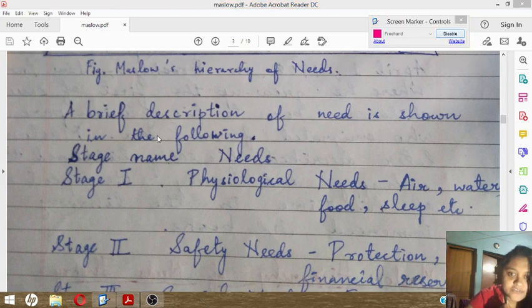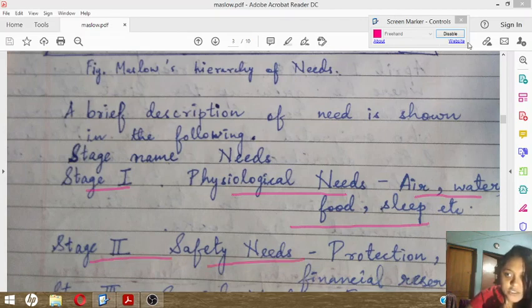First, a brief description of each need is shown in the following. Stage name and needs. Stage 1, physiological needs, like air, water, food, sleep. First these needs are completed. Once a man gets air, water, food, sleep, the physiological needs have been fulfilled. Then he moves to the next stage, safety needs.